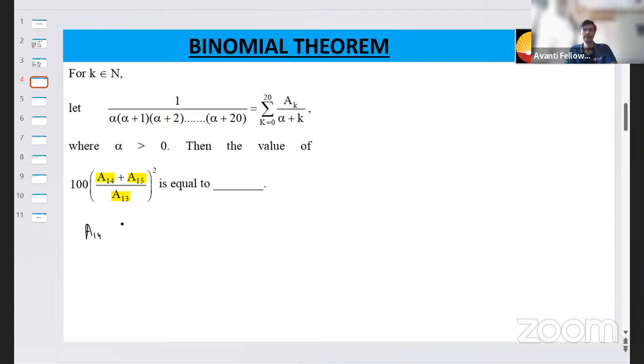Now, I hope you must know partial fraction. अभी partial fraction तो इंटीग्रेशन में आएगा और इंटीग्रेशन अपना हुआ नहीं है ना.